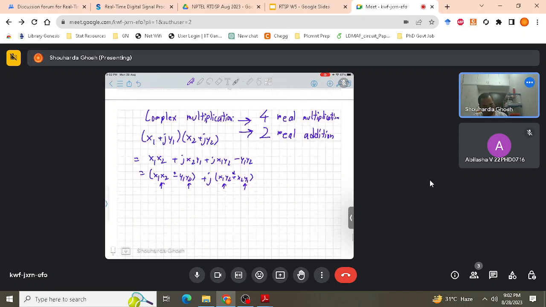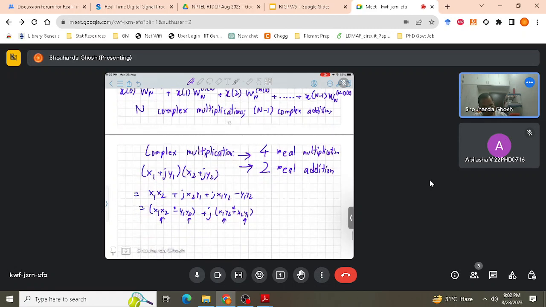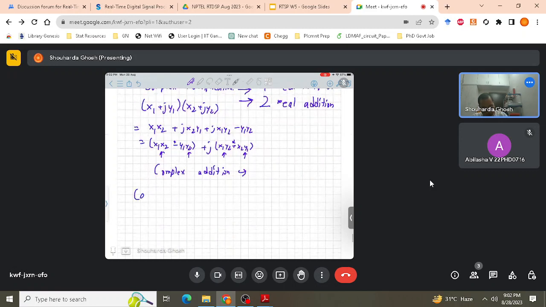Similarly, a complex addition, obviously, a1 plus j b1 plus a2 plus j b2, as simple as it can be, is a1 plus a2 plus j times b1 plus b2. So there are 2 real additions.